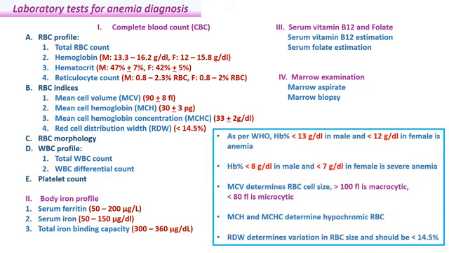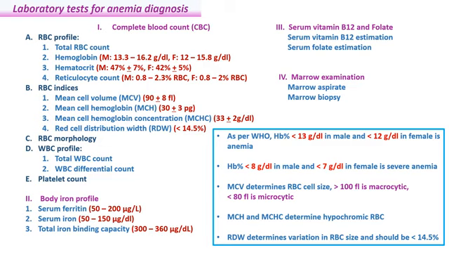Some salient points regarding anemia diagnosis. As per WHO, when the hemoglobin is less than 13 gram per deciliter in male and 12 gram in female, it is anemia. When hemoglobin is less than 8 in male and less than 7 gram per dl in female, it is severe anemia. Mean corpuscular volume determines the RBC size.